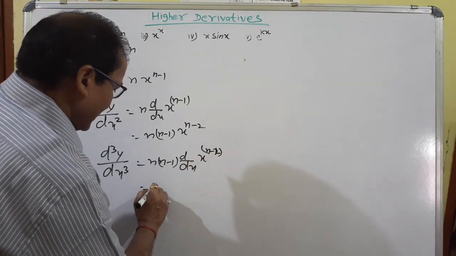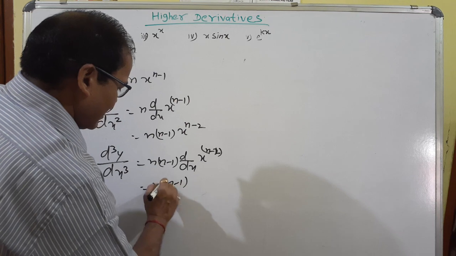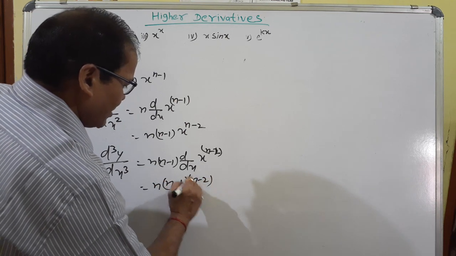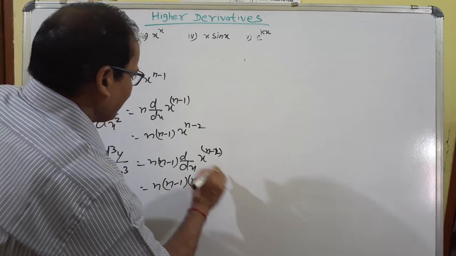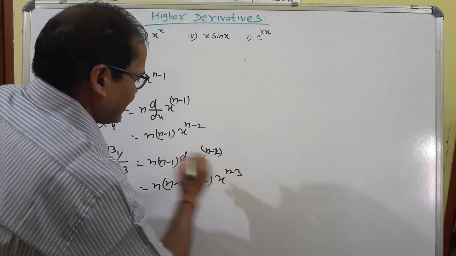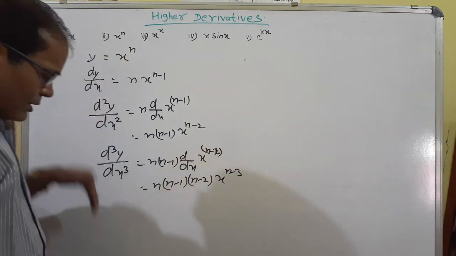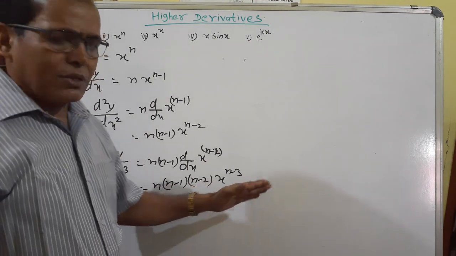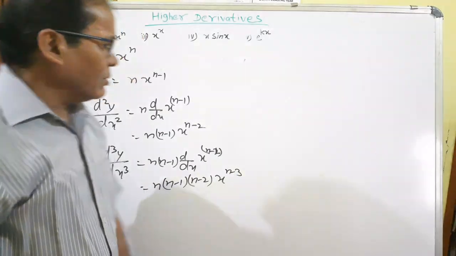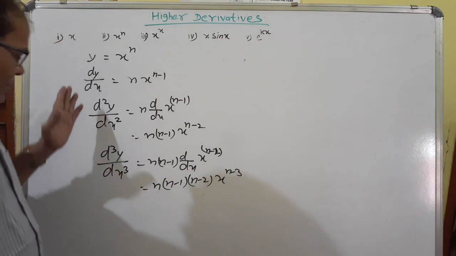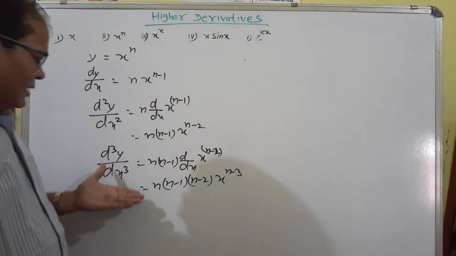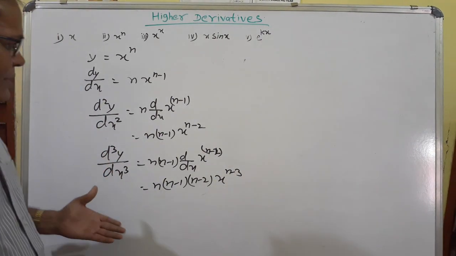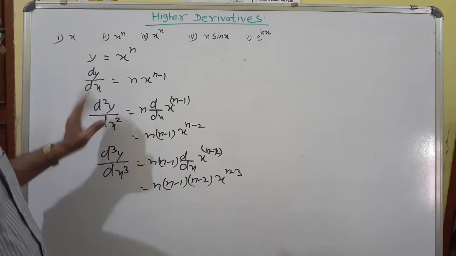We will get n into n minus 1 into n minus 2 and x to the power n minus 3. In this way, if you keep on increasing the derivative, it will come n minus 1, n minus 2, n minus 3 and so on. I told you we need at most d3y by dx3, the third order of derivative, enough.